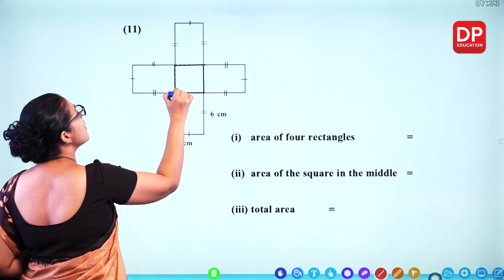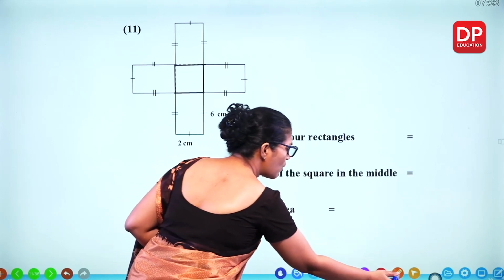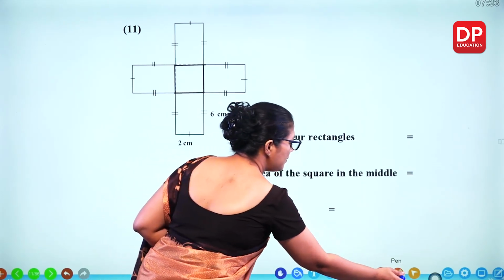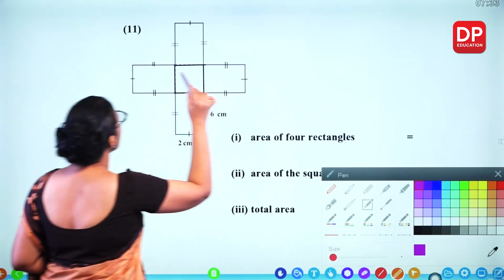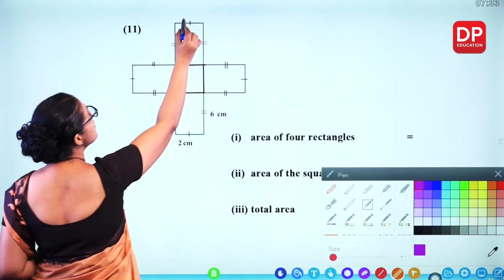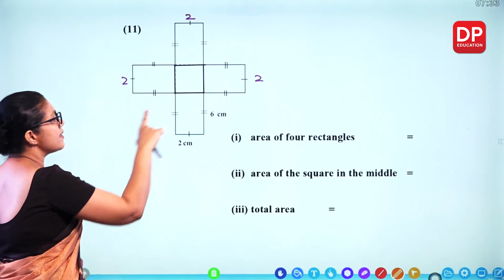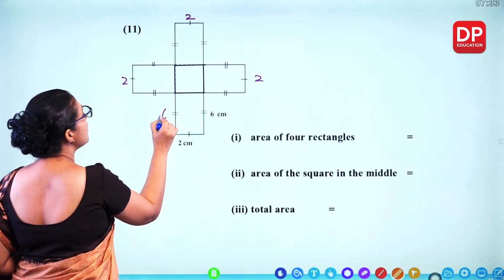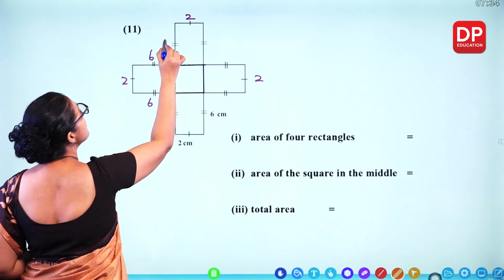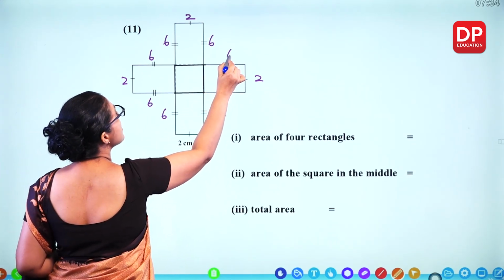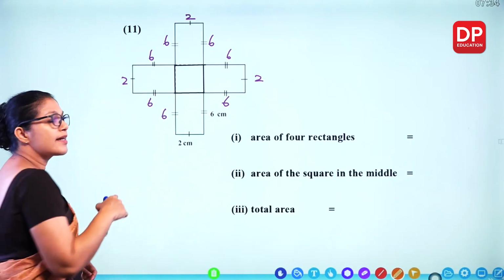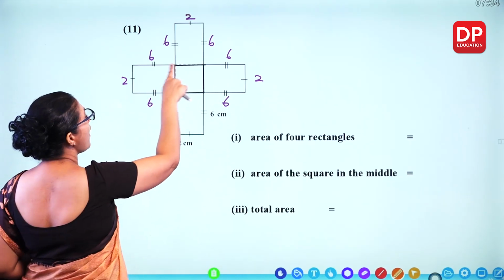All are equal. So here, this is 2, this is 2. Here, this is 2, this is 2. And these all sides are equal. So here you get same rectangle, 4 rectangles around the square.